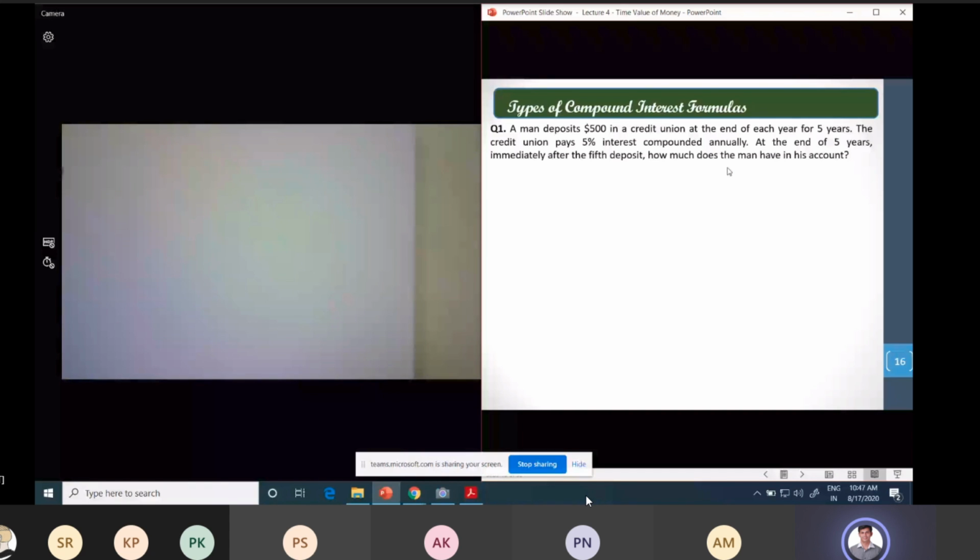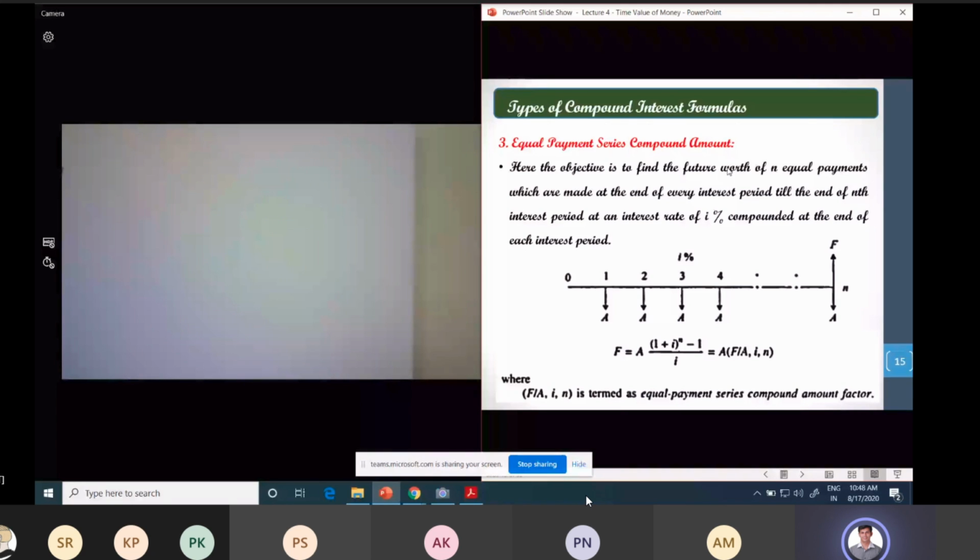Can you repeat the first point? First point is nothing but the present value of any deposit you will get 1 year before the deposit starts. When you have an equal payment series like this cash flow, suppose instead of future value, if you want to calculate the value at time 0, then the value will be changing.